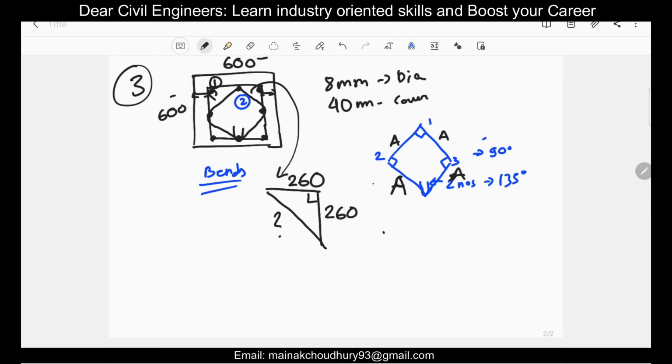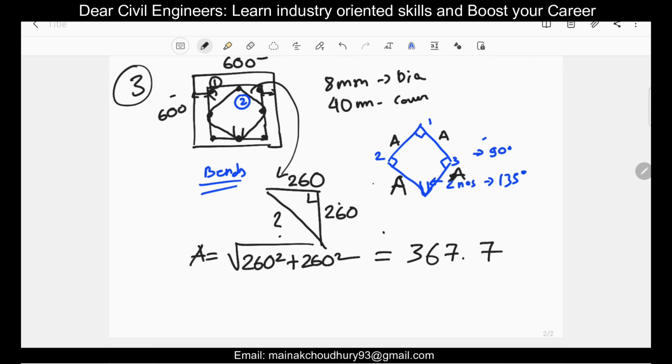So now we have to calculate this, which is A. So we know by the Pythagoras theorem, hypotenuse square equals base square plus altitude square. So this A will be, you have to use this formula, A will be root over of 260 square plus 260 square. So if you just calculate this, it will come 367.7.